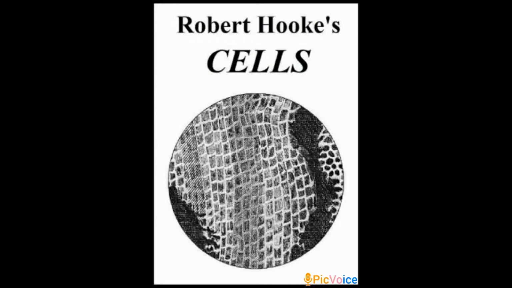These boxes appeared like a honeycomb. Later he noticed that one box was separated from the other by a wall, and then he coined the name cell for each box. So this is about the cork cell discovered by Robert Hooke, and cork is made of dead cells.